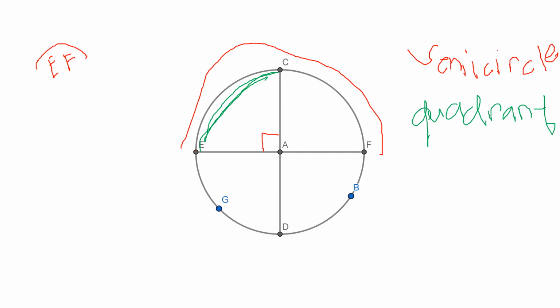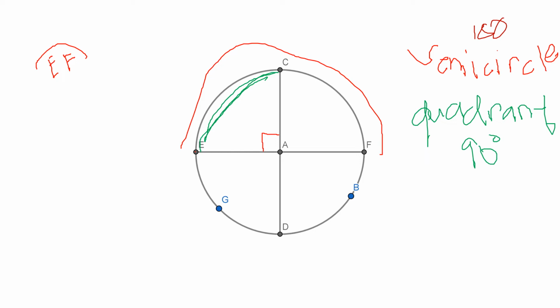Remember, the semicircle is 180 degrees, and the quadrant would be 90 degrees, as you can see. So that would be the arc.